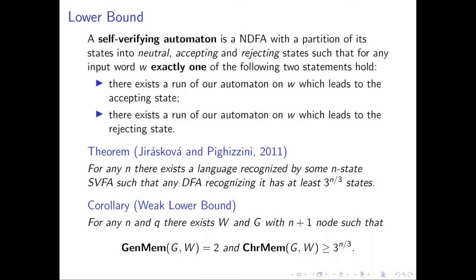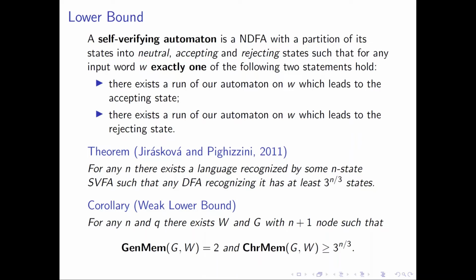And here we have a requirement that for every input word which is accepted, there has to be no rejecting run on it, and vice versa. And as for deterministic finite automata, for every input word, there exists exactly one run over this input word. And so it's easy to see that any deterministic finite automaton is self-verifying.